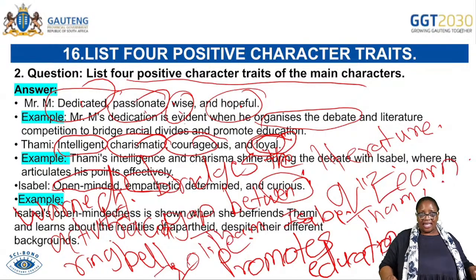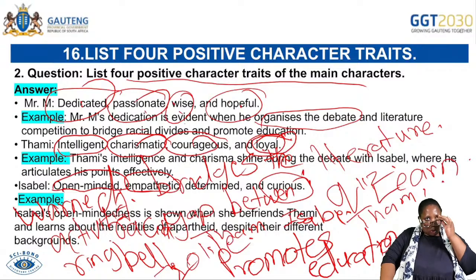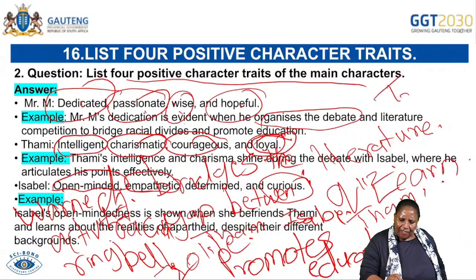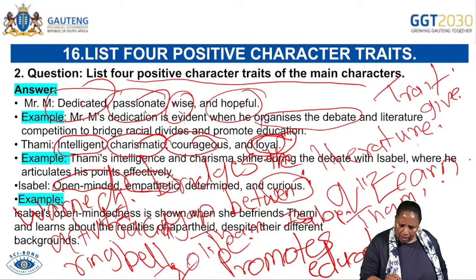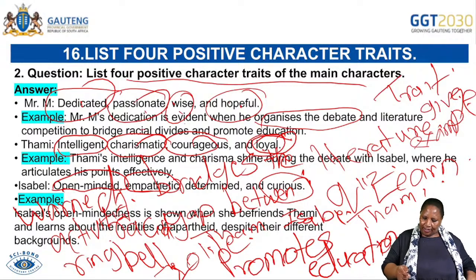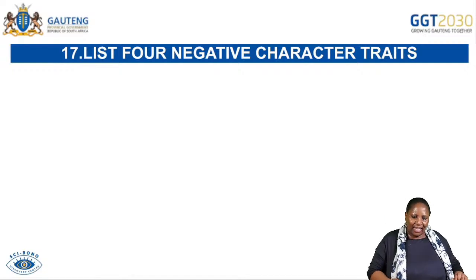And that shows a determination that she is a very open-minded person. Do you see what I have done here? When we ask you to give us a character trait, we also want you to give an example from the text that shows that character trait. So those are the positives that we have spoken about.